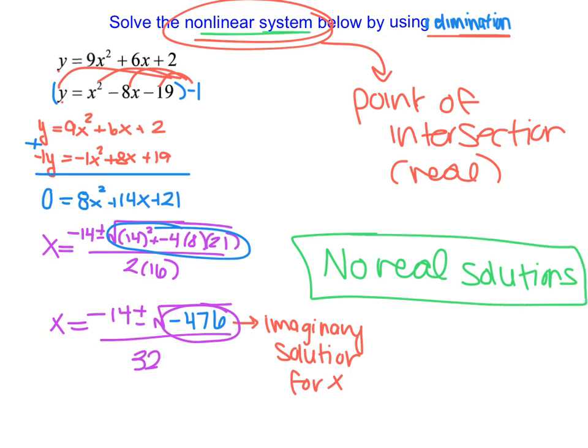So for system problems only, you can pause when you find a negative underneath the square root, and you can say there are no real solutions where these two equations will cross. The way that they're graphed, they will inevitably miss each other, and they will never actually intersect.